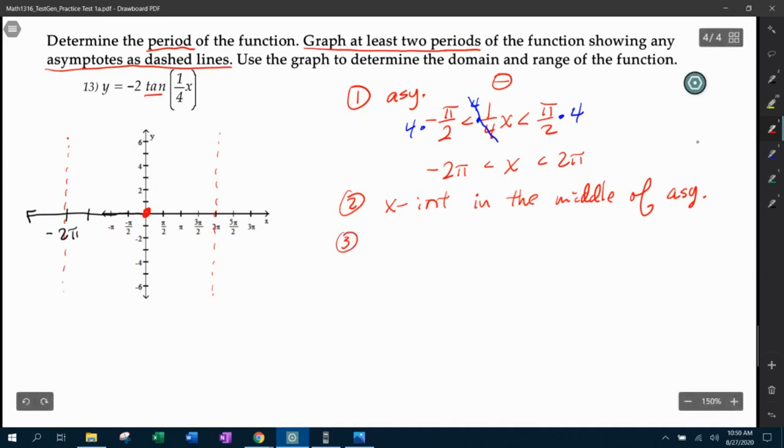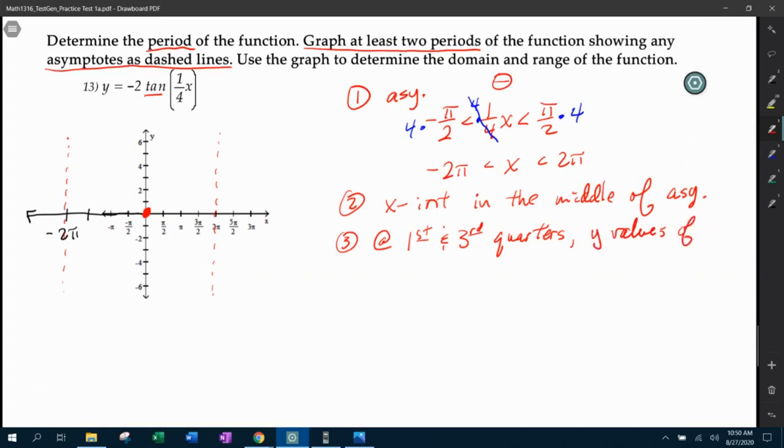Step number 3, at the first and third quarters, you're going to have y values of negative a and a, respectively, okay?